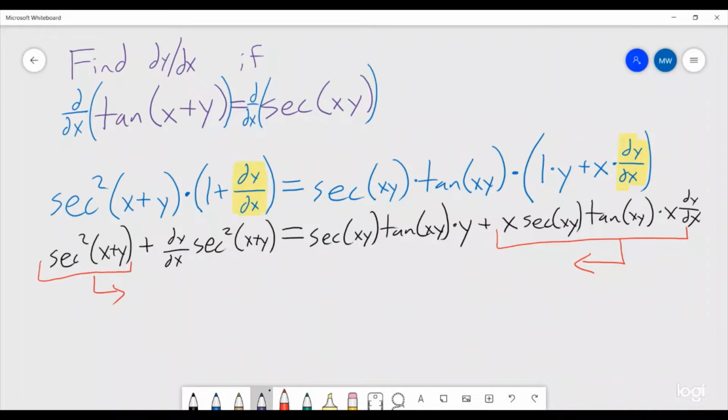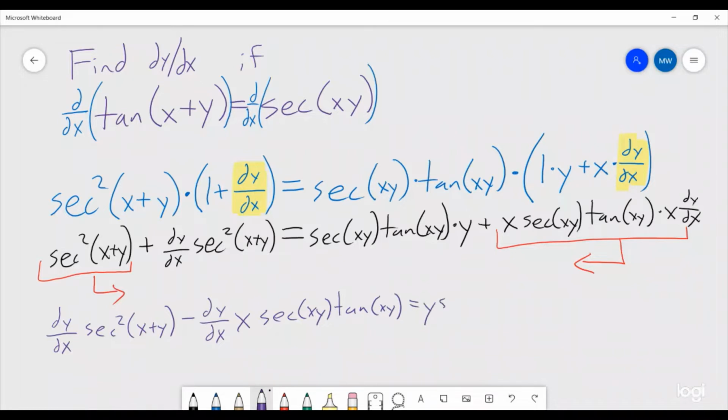Once we do that, we are going to get dy dx times secant squared of x plus y minus dy dx times x secant of xy, tangent of xy is equal to y secant of xy, tangent of xy, minus secant squared of x plus y.